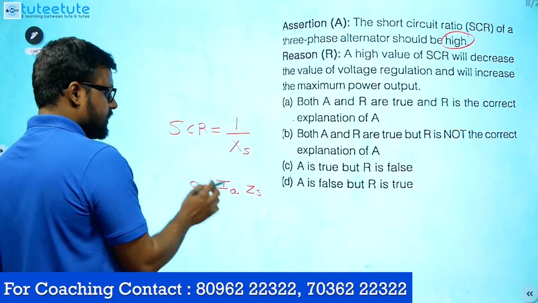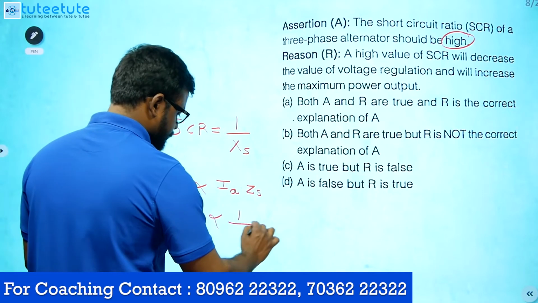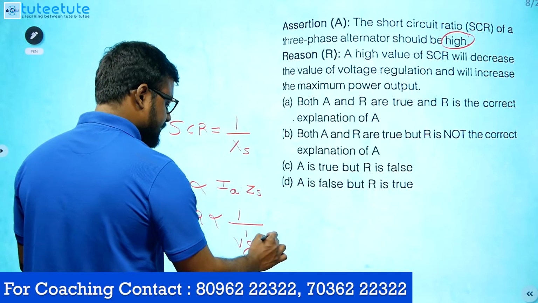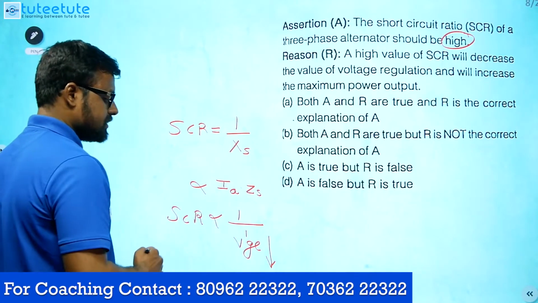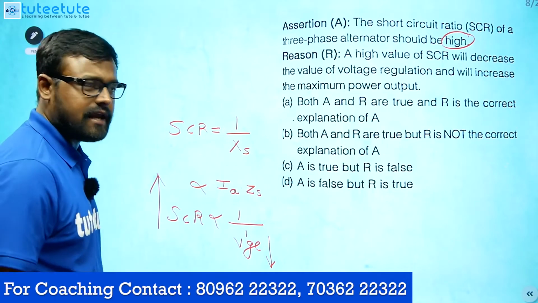That means short circuit ratio is inversely proportional to voltage regulation. My voltage regulation has to be low, that means it is a good voltage regulation. For voltage regulation to be low, the short circuit ratio has to be high.